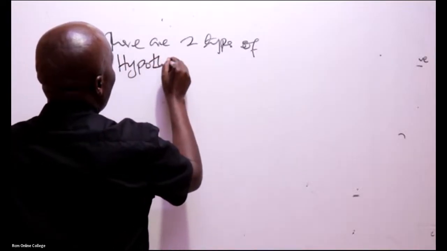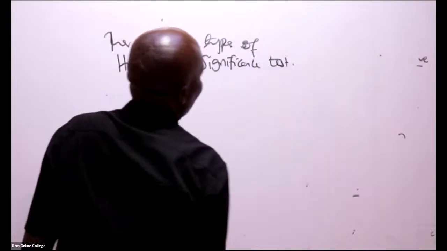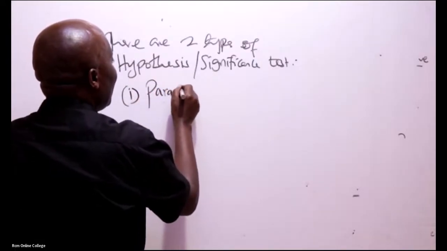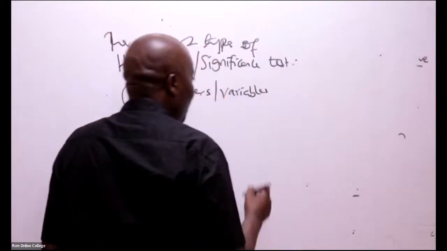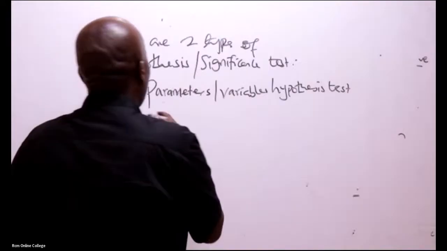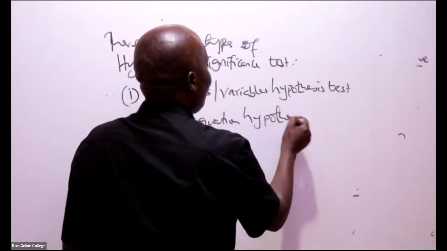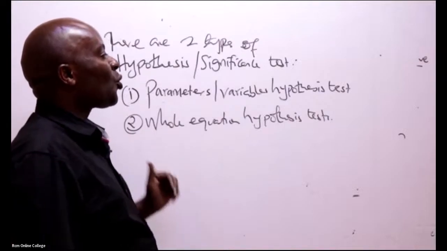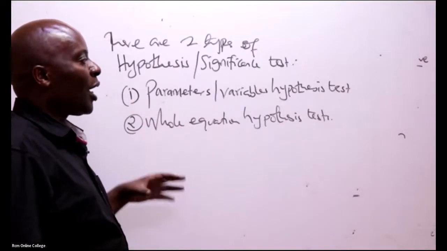Number 1, we have the parameters or variables hypothesis tests, the individual parameters hypothesis tests. And number 2, we have what we call the whole equation hypothesis test.